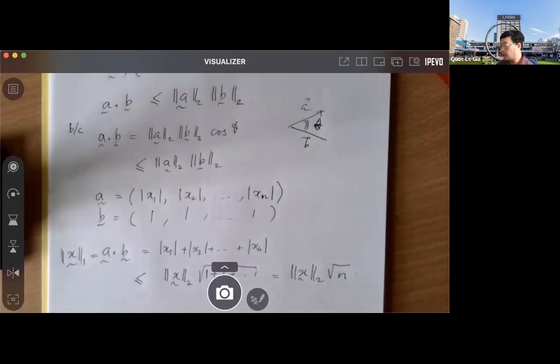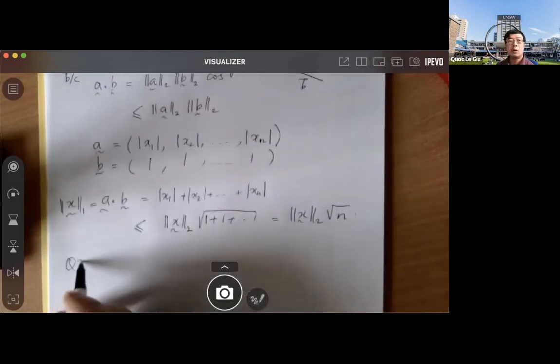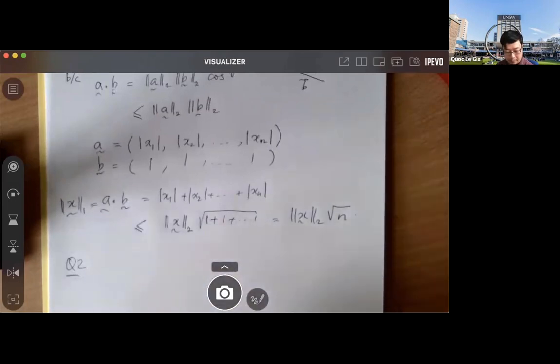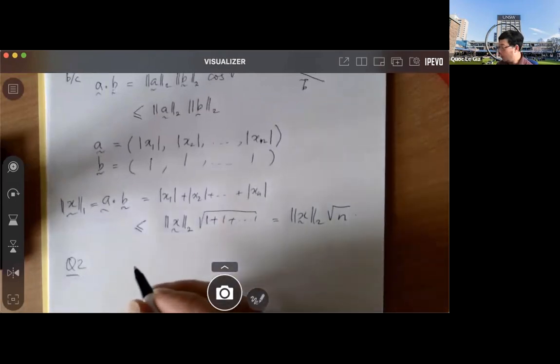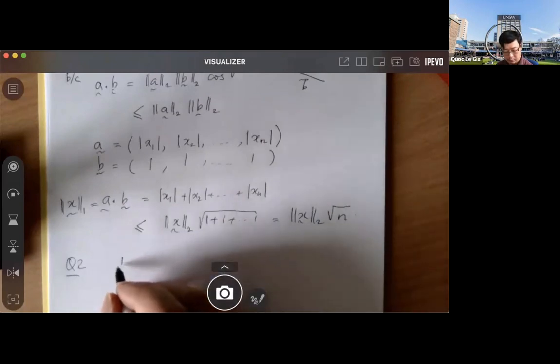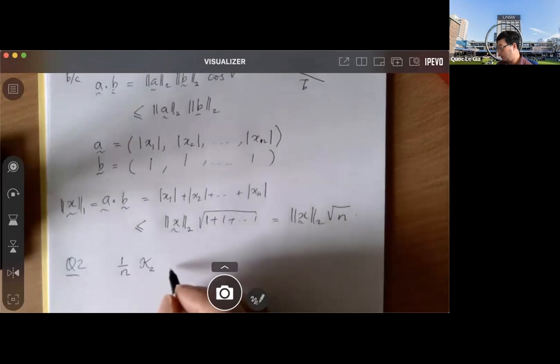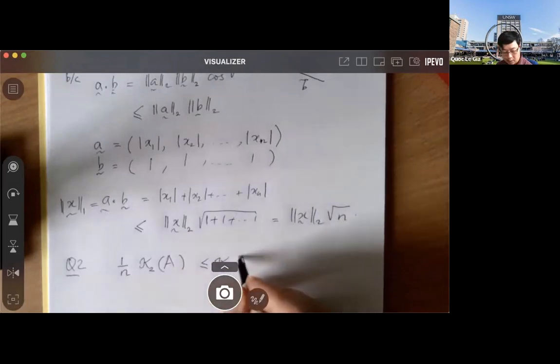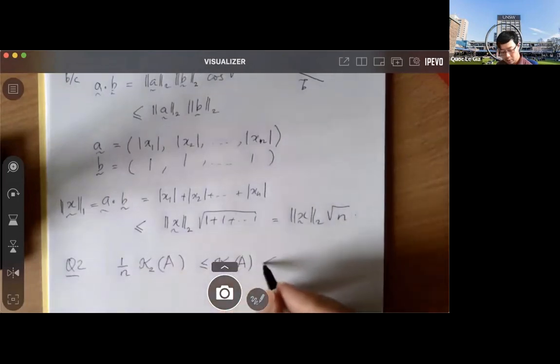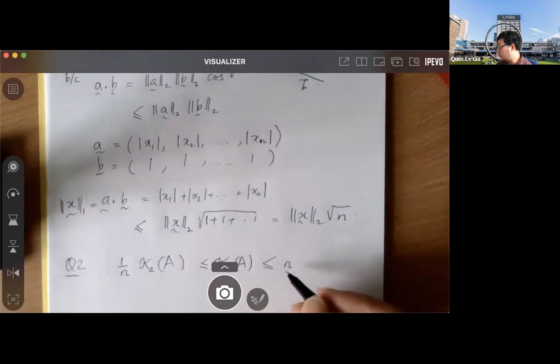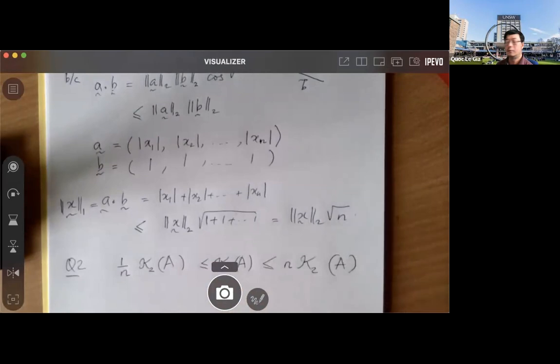So now question number 2. Prove that 1 over n times the condition number in the two norm of a matrix A is less than or equal to the condition number in the one norm of the matrix A, which is less than or equal to n times the condition number in the two norm of the matrix A. Okay.